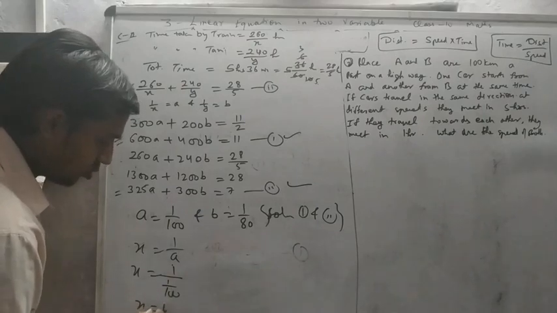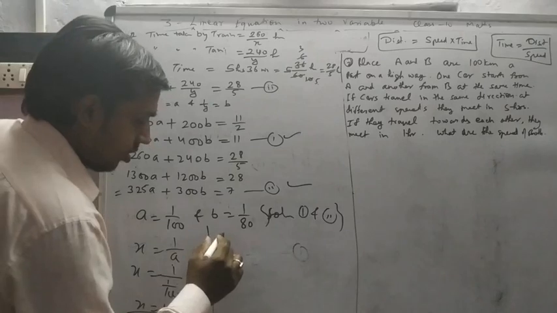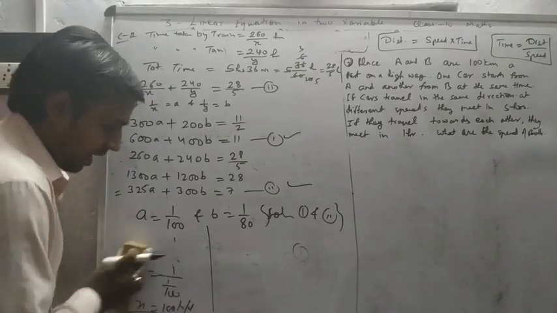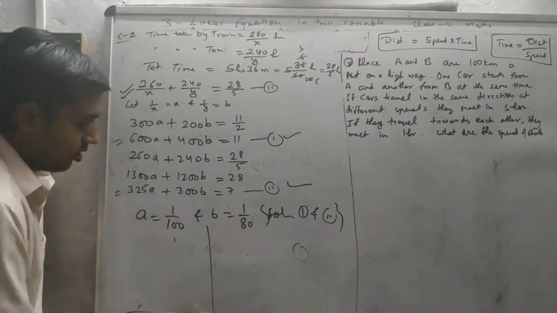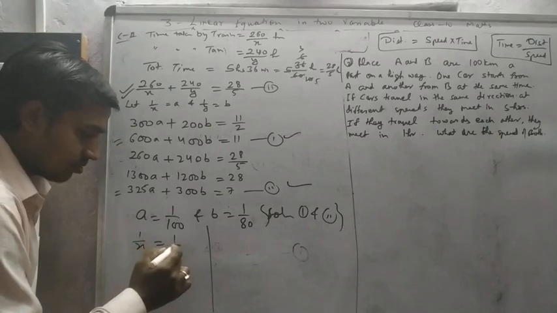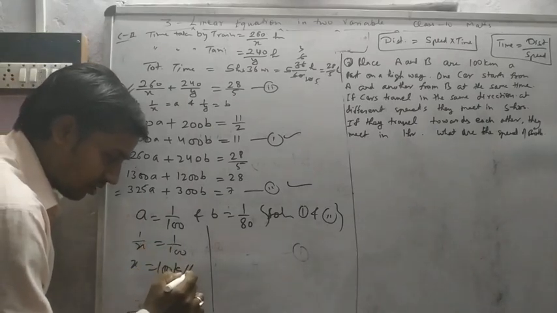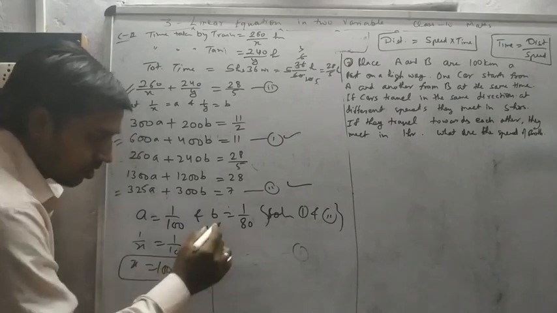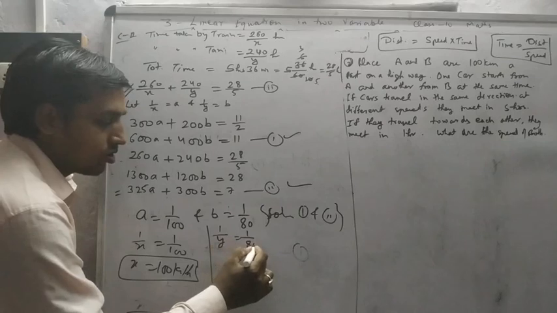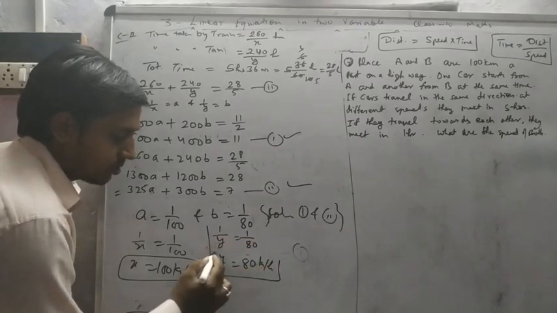So x is equal to 100 km per hour. Same, you can write like this: a is equal to 1 upon 100 and a is equal to 1 upon x. So x is equal to 100 km per hour. Same, b is equal to 1 upon y, so y is equal to 80 km per hour.